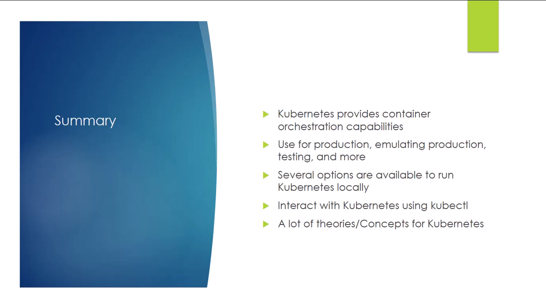Alright, so that's all for today's first part of this six-part tutorial series. Let's summarize what we have done so far. We have shown that Kubernetes provides container orchestration capabilities, usable for production, emulation and production testing, and much more, and how you can use it for CI/CD. Then I showed you the pods, then the nodes, and so on. Then several options are available to run Kubernetes locally.